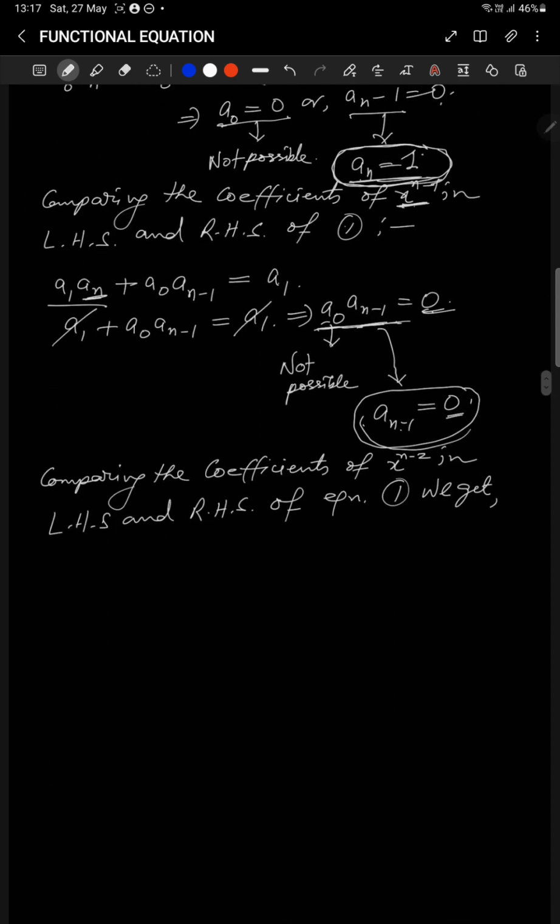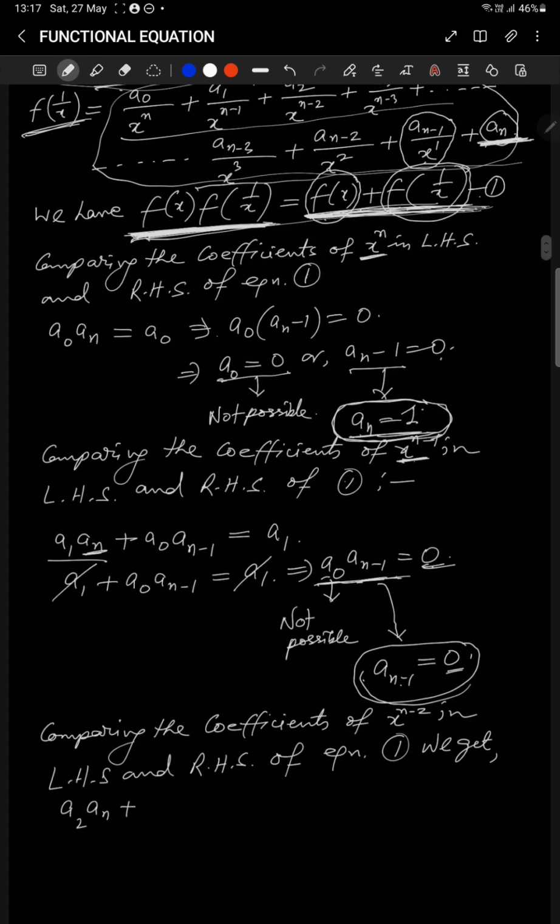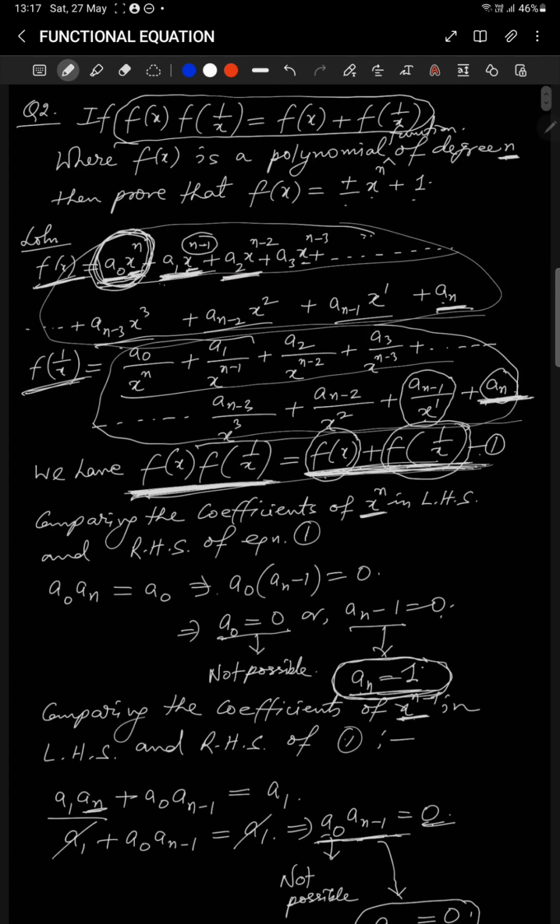So let me write that, a2 an plus, now let us go a little back, come to this a1 x to the power n minus 1, and if a1 x to the power n minus 1 and this one, that is a_{n-1} and x to the power 1 are multiplied, then it will give us x to the power n minus 2, and the coefficient would be a1 into a_{n-1}.